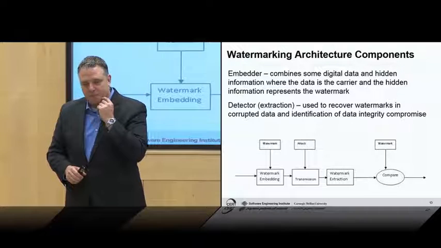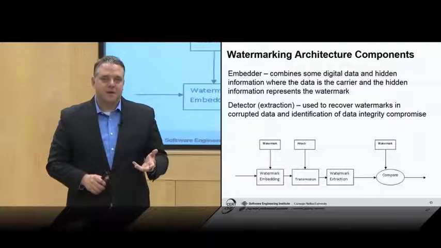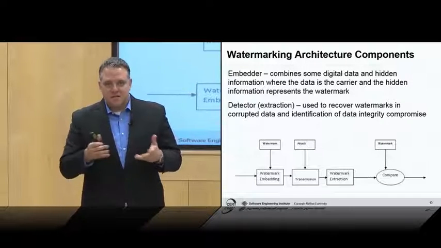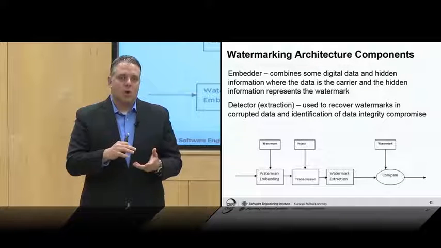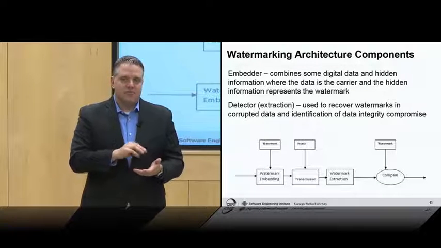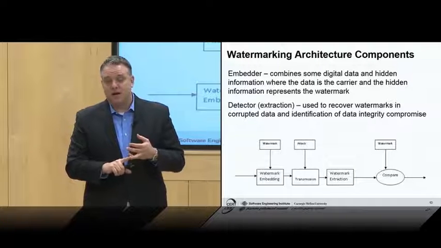There are two primary components in a watermarking architecture. You have the embedder. This is the system, software, whatever the case may be, that is adding the digital watermark to the carrier file that you've got, be it a Word document or a PDF.